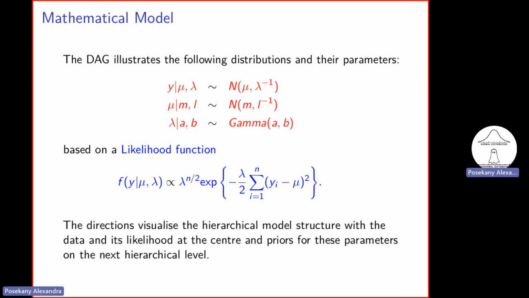But yeah, I'm trying my best. So the mu and the lambda should be the ones having priors on, and the y as the data distribution is the stuff which should be blue and which is the likelihood in itself.